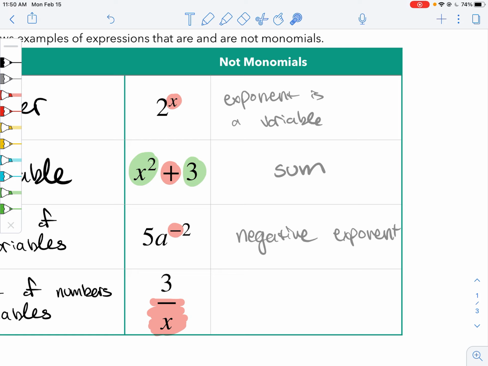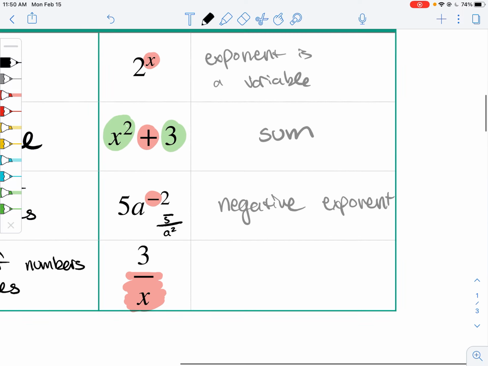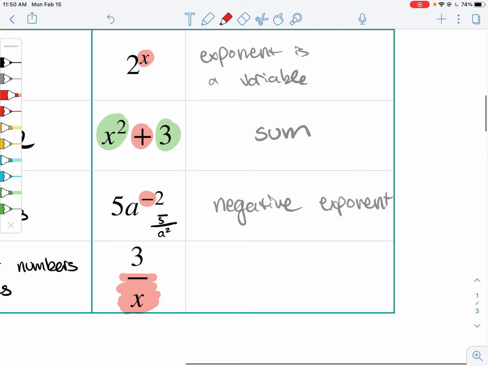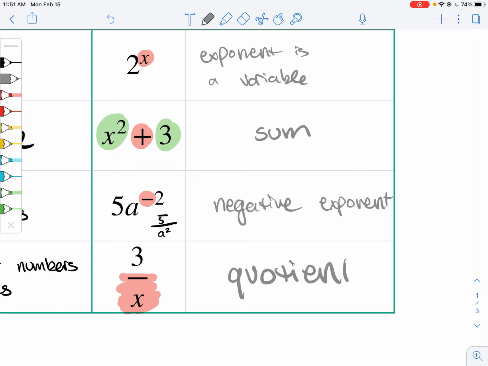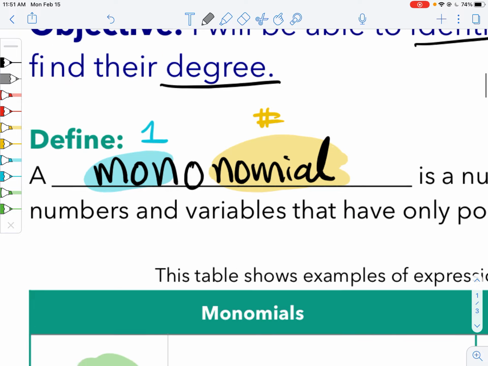This is the same idea as this one, right? 5a to the negative 2nd power is 5 over a squared. You can't have a quotient be a monomial. Can't have this dividing part down here. You can have a product. Can't have a quotient. Cool. So when you think monomial, think one number, one term.